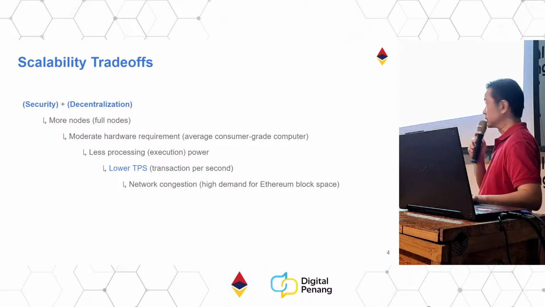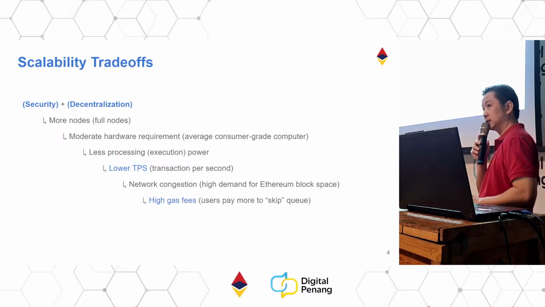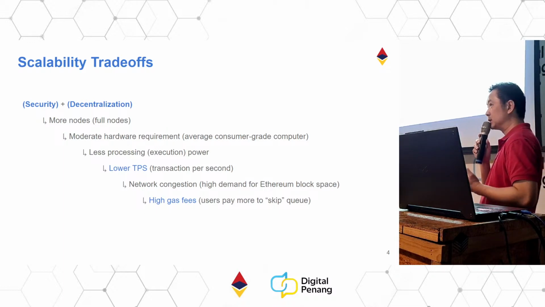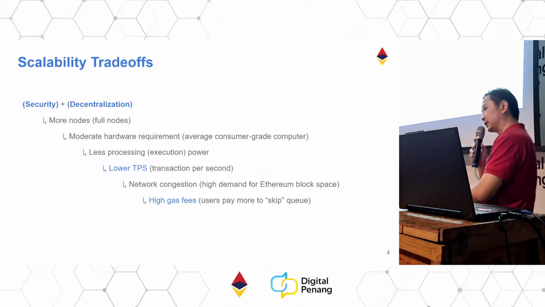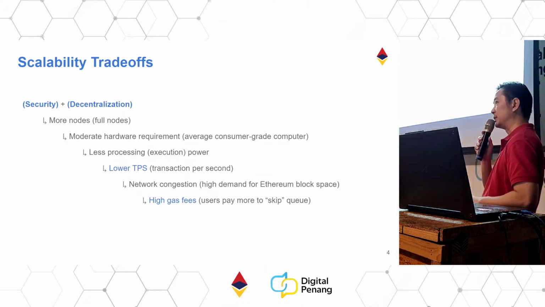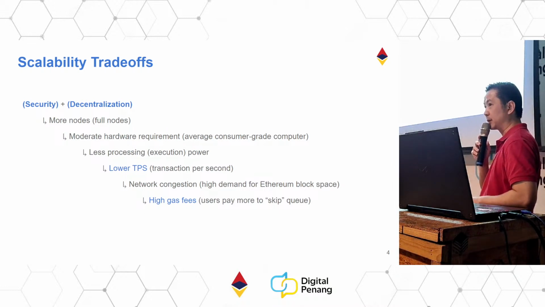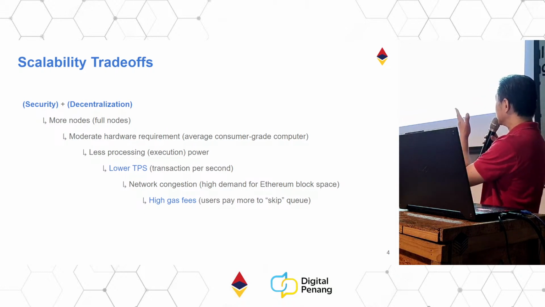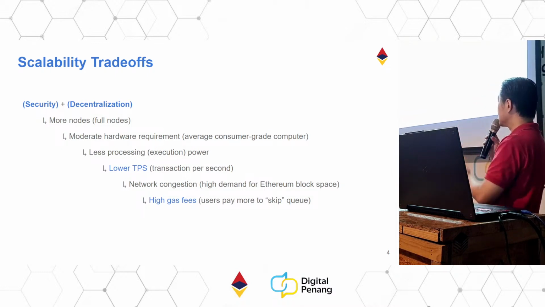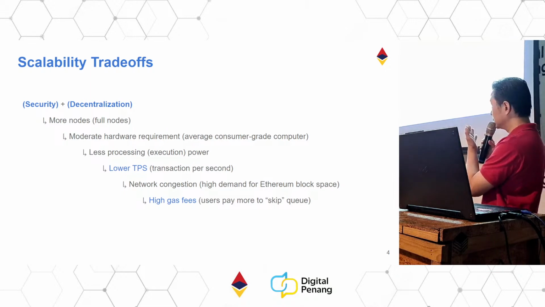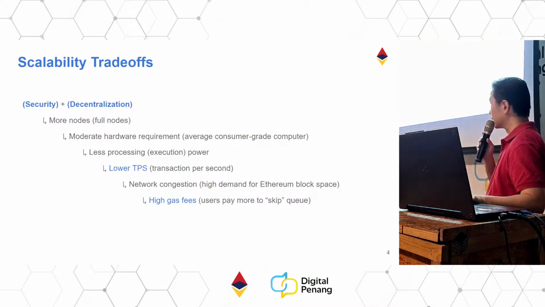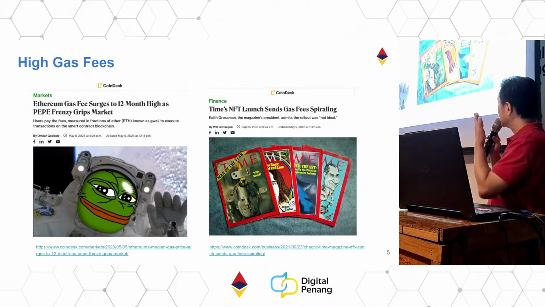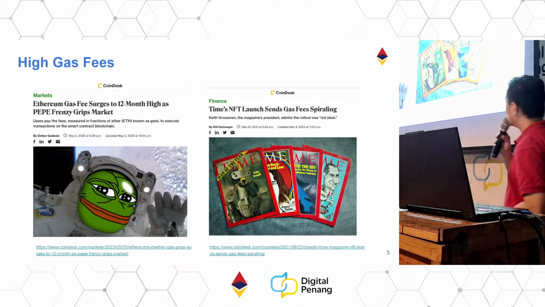So it becomes congested, and because it is congested, the fee is high, right? Because people want to get their transaction into the next block as quickly as possible, and people are willing to pay a very high price for that, right? So now you can see we chose security and decentralization, and eventually it leads to lower TPS and higher gas costs, right?